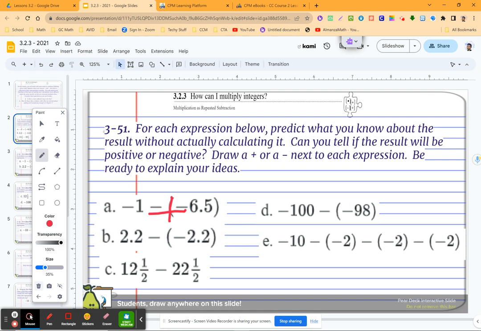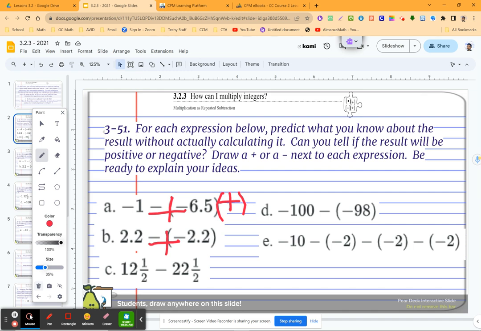So -1 minus -6.5 would be a positive value. So if we look at B, 2.2 minus -2.2, go ahead and do the same thing, because when you're subtracting a negative, you can see that as adding a positive, and it would give you a value of 4.4.